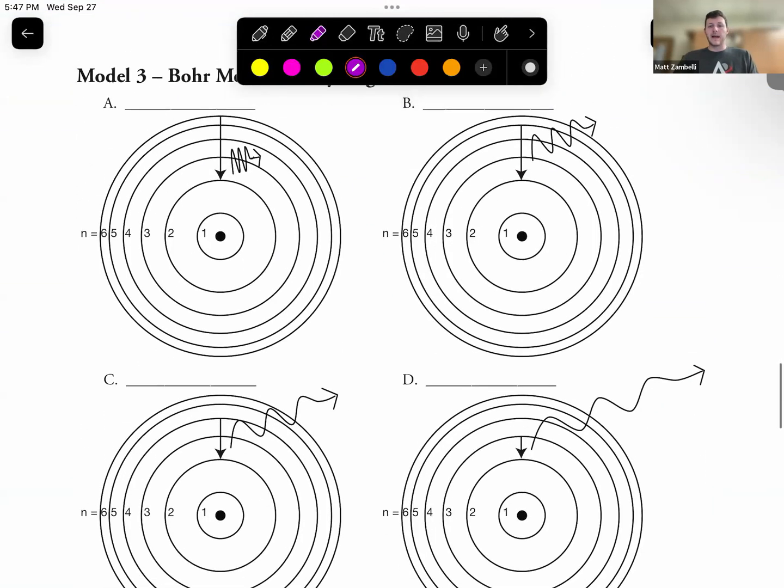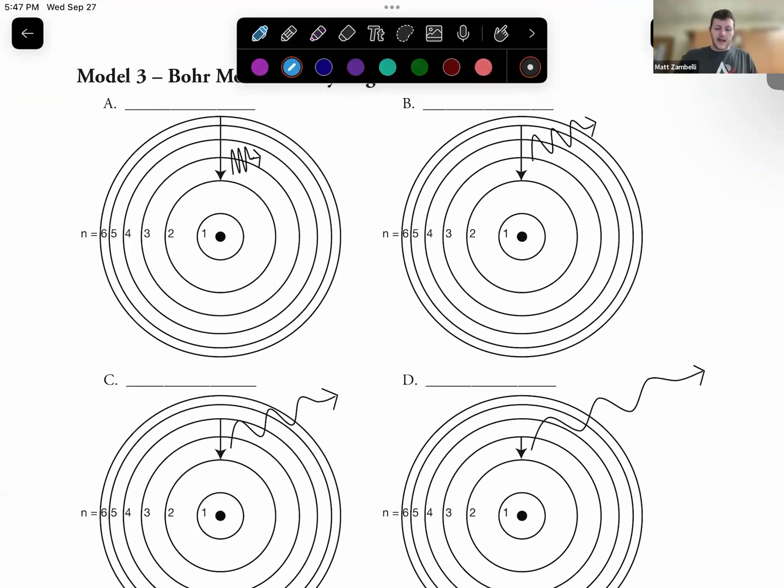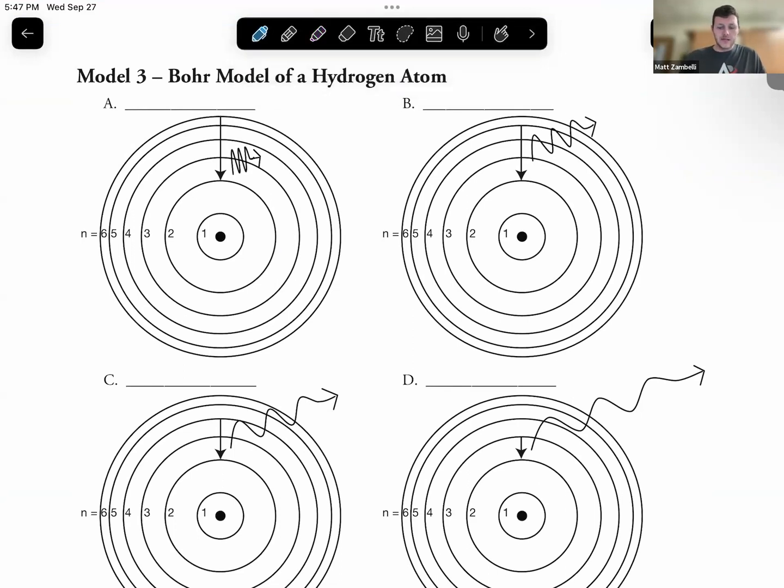Down here in model 3, this is one that gets a little bit trickier. So, let's go through this together. In model 3, what you need to do is decide where is the electron starting. So where is the start of that electron is going to be the end of the arrow, not the point, but the end.